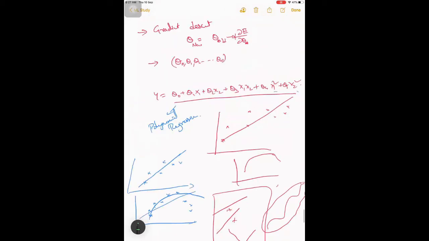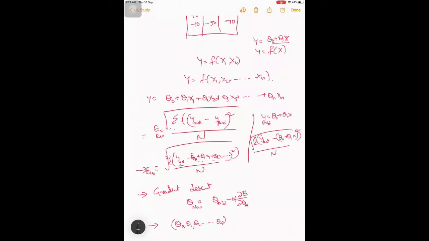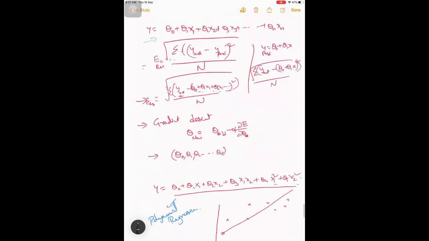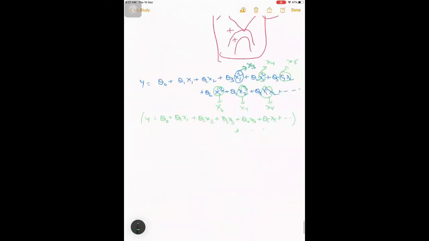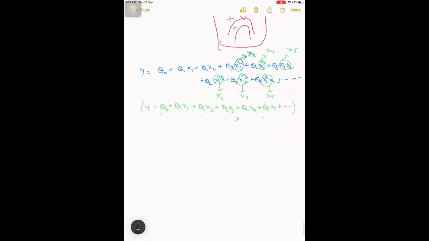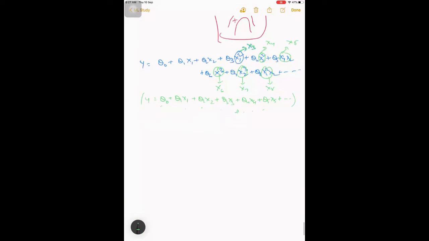Then again we will be able to calculate like this, and the only thing is we will be getting theta here. Once you get theta, you resubstitute x3 as x1 square, x2 square, and so on. With the same formula and the same kind of computation, earlier we were able to get a straight line.